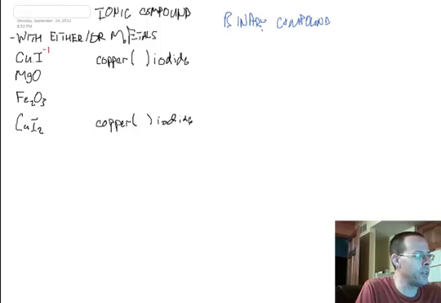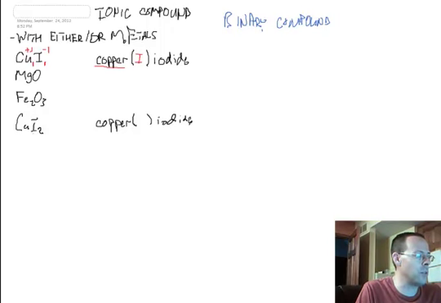So because really our subscripts are 1 to 1, even though they're not written there, but because we have 1 of each, if we have 1 iodine with a -1 charge, and we have 1 copper, that copper must be a +1 charge, because +1 - 1 = 0. So if that's the case, this is going to be written as copper 1 iodide, alright? Because the Roman numeral tells us the charge on the metal, alright? And notice the charge on my copper is a +1.